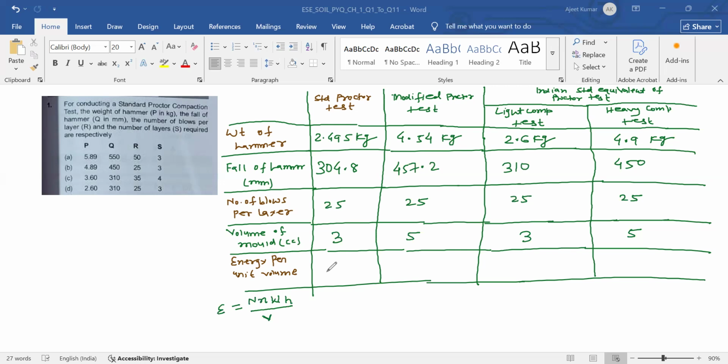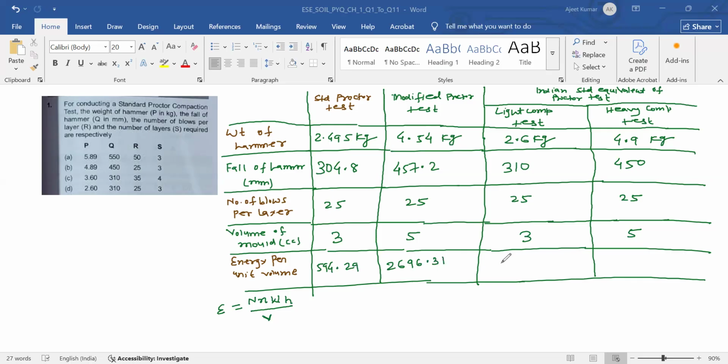So in case of a standard Proctor test, energy per unit volume will be 594.29, and in the modified Proctor test it will be 2696.31.